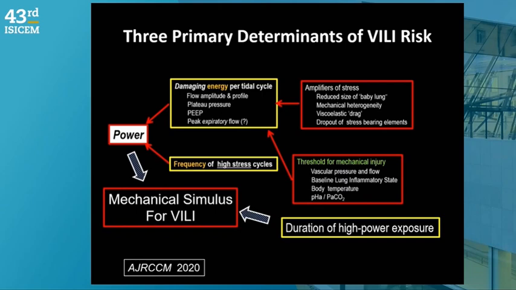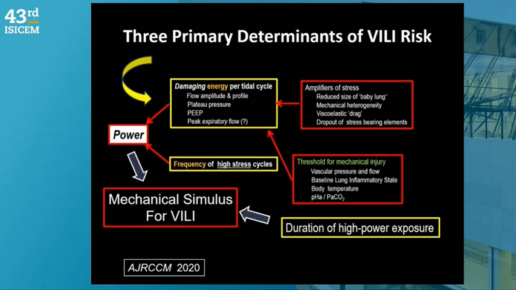The three primary determinants of VILI risk, the mechanical stimulus for VILI, is certainly power, but that's affected by the duration of high power exposure, the frequency of high stress cycles, and I emphasize high stress here, and the damaging energy per cycle, which is conditioned by the vulnerability of the tissue and the amplifiers of the risk to the individual component of the cycle.